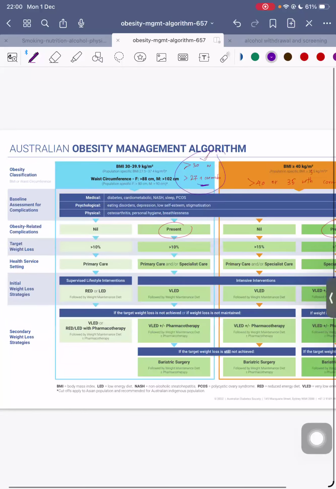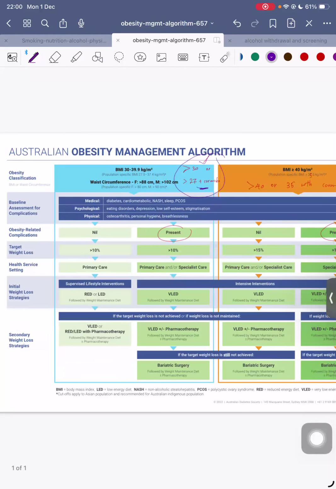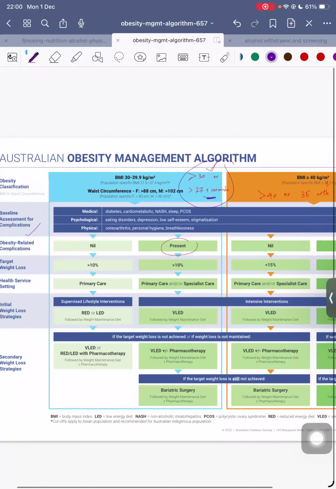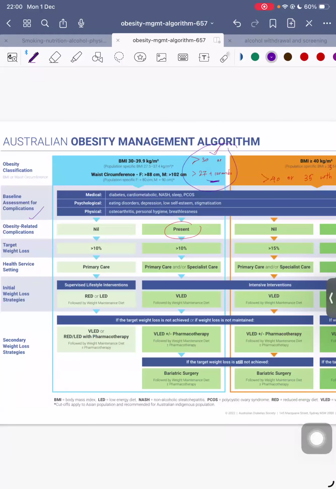So in here they are mentioning, what are the obesity related complications? These are the obesity related complications. Medical complications: diabetes, cardiometabolic, NASH, sleep apnea, PCOS.